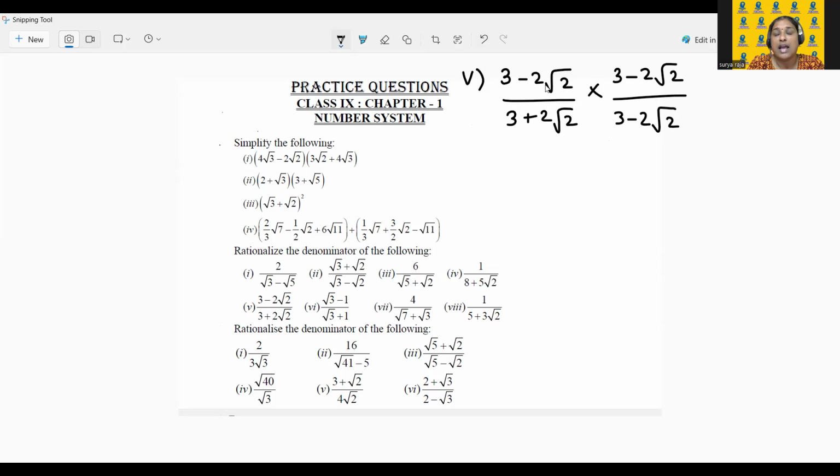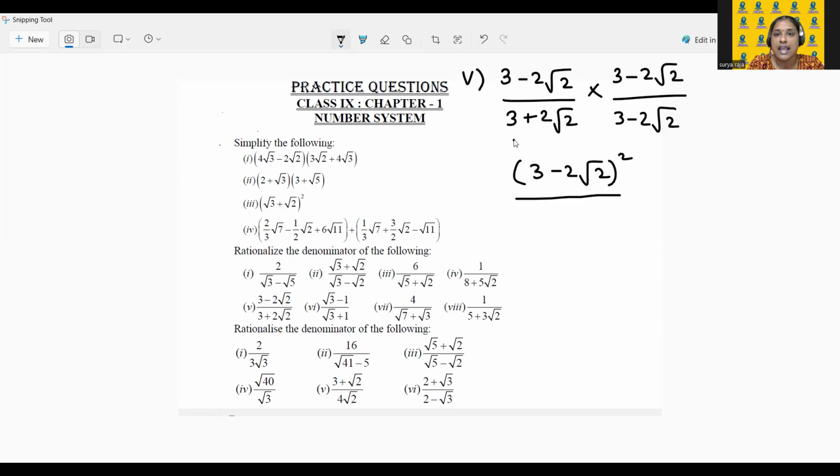Now, I'm just multiplying numerator by numerator and denominator by denominator. See, you got 3 minus 2 root 2 here and the same 3 minus 2 root 2 here as well. So, I can simply write 3 minus 2 root 2 the whole square.